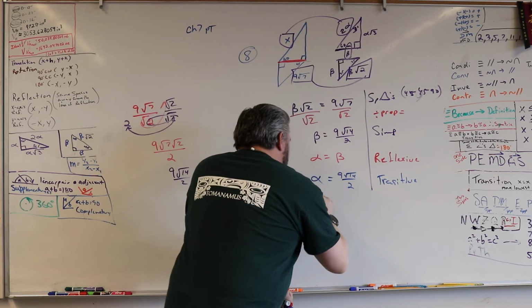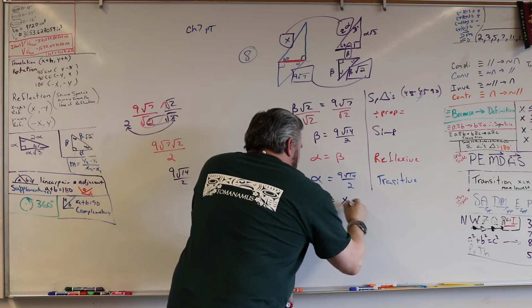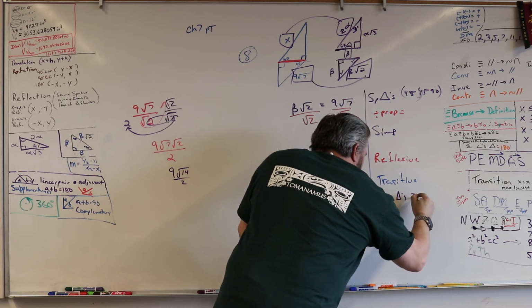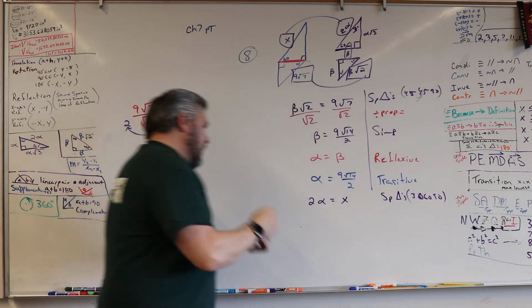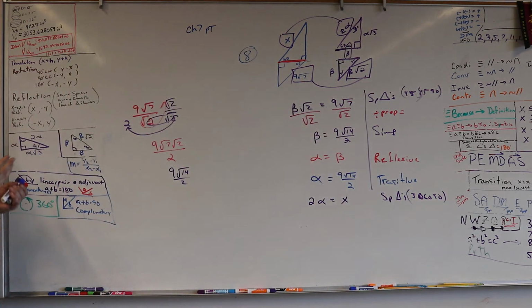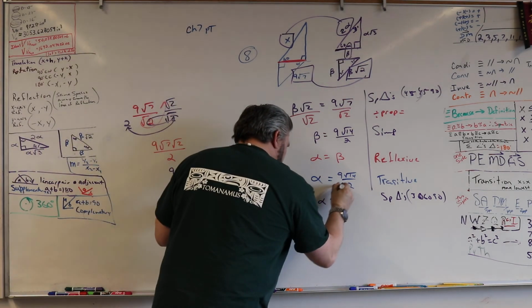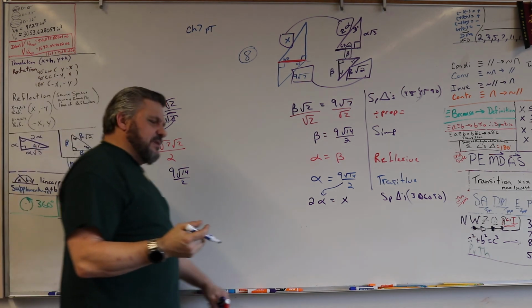So then I say 2 alpha is equal to x because of special triangles of 30, 60, 90, right? And then what is alpha again? Beta, or 9 square roots of 14 over 2, right?